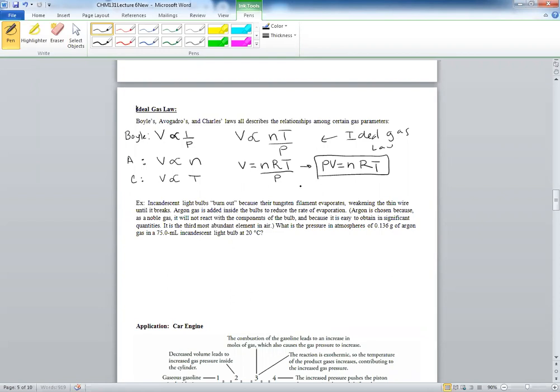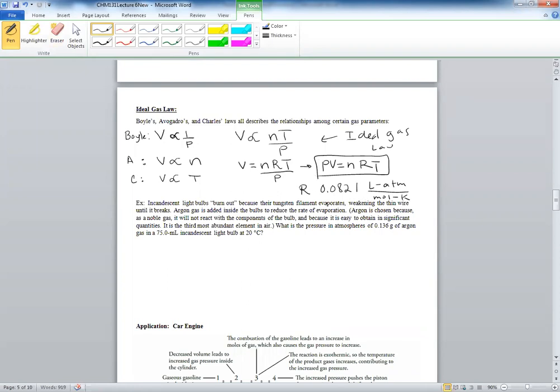Now, let's tell you what R is. R can be in different numbers, and it's a constant that is always given to you. It would be 0.0821 liters ATM per mole Kelvin, like that.